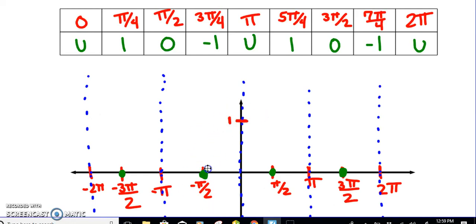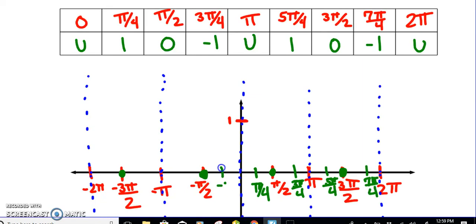Now, if you remember, we have the pi over 4's going on between here: pi over 4, 2 pi over 4, 3 pi over 4, 4 pi over 4, 5, and so forth. So we're going to add the pi over 4, the 3 pi over 4, the 5 pi over 4, and the 7 pi over 4.